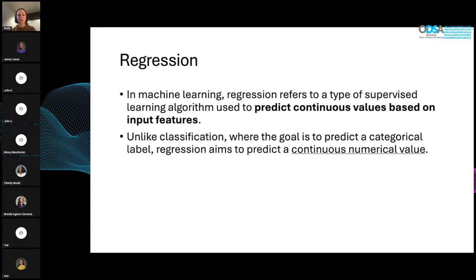In machine learning, regression refers to a supervised learning algorithm, so we're in that domain of supervised learning, and we're using it to predict continuous values based on input features.